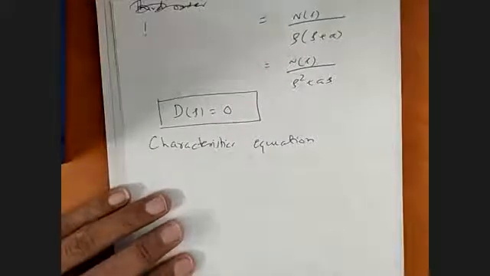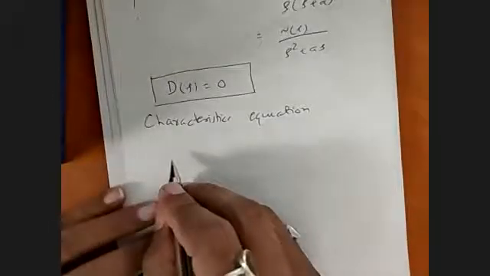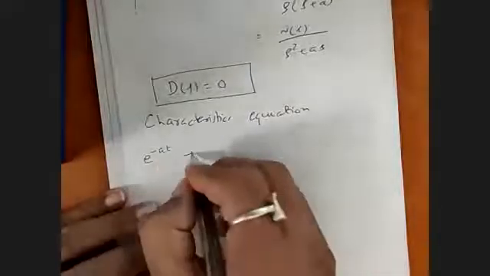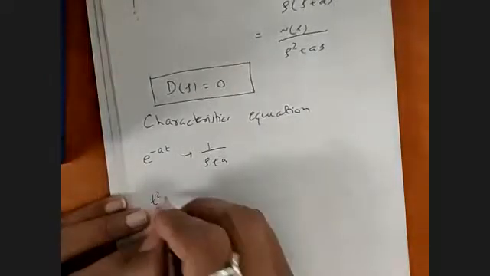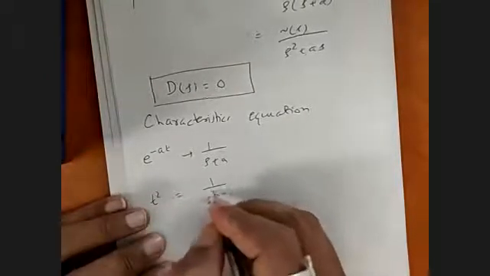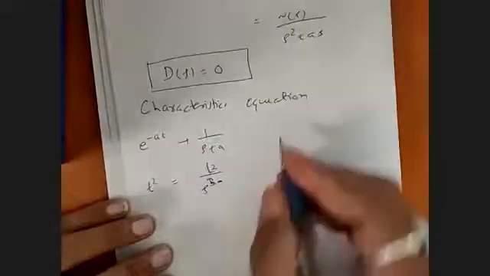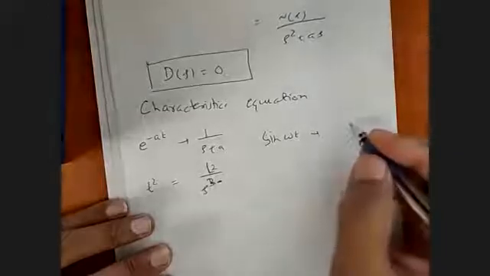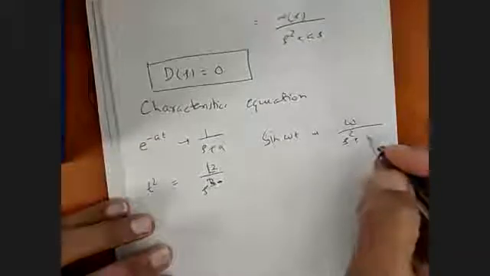This is known as characteristic equation because if you remember the Laplace transform concept, e raised to power minus at, its Laplace will be 1 upon s plus a. t square, it is 2 upon s to the power 3. sin omega t, it is omega upon s square plus omega square.